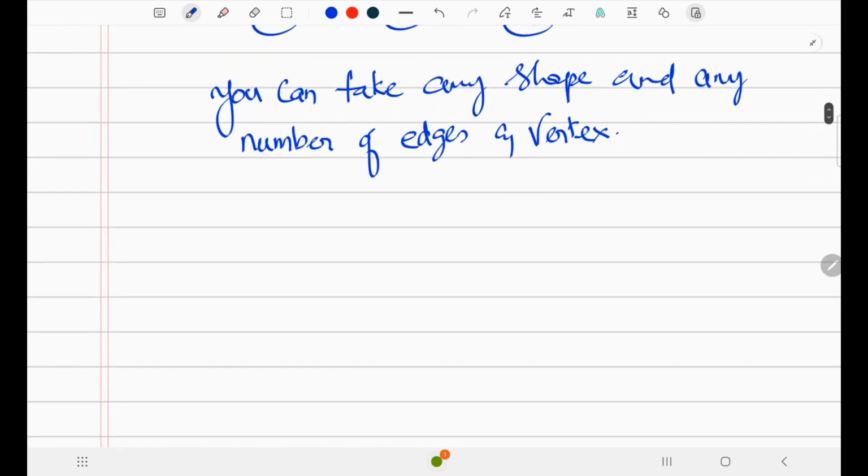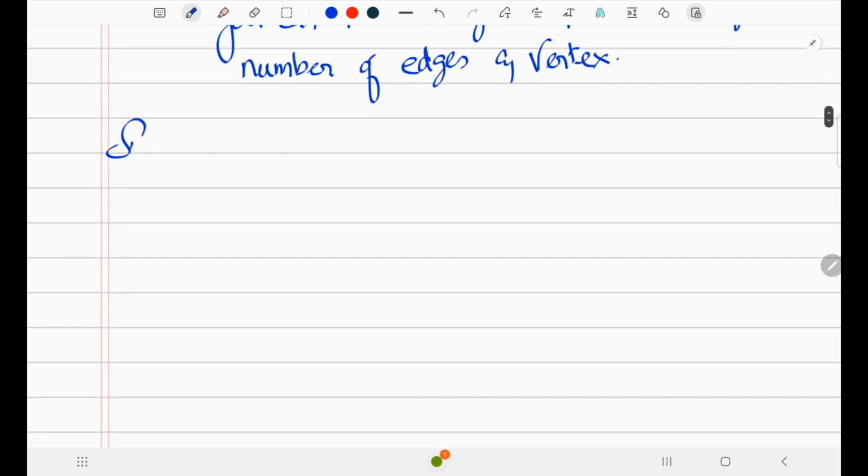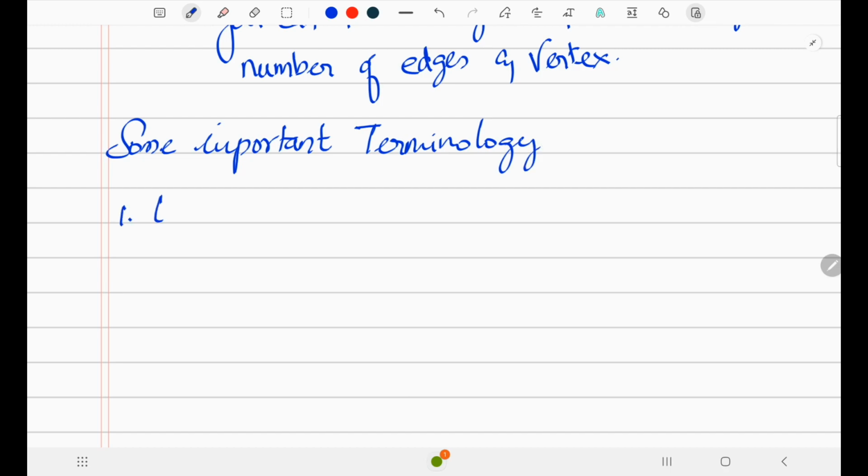Now let us discuss some important concepts, or important terminologies, of the graph. Number one, loop. A loop is concerned with edges.